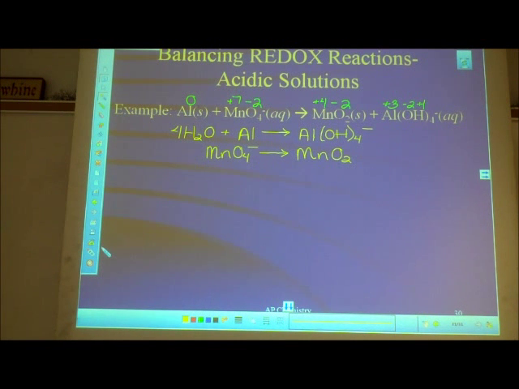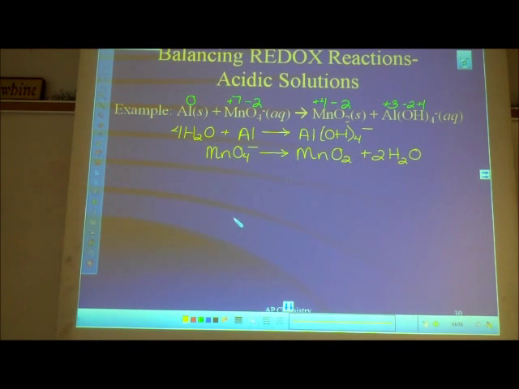Is oxygen in balance now in this first one? Yes. Okay. What about for this second reaction? How many waters and to what side should I add them to balance the oxygens? You should put 2 waters on the right side. Okay. 2 waters on the right-hand side.